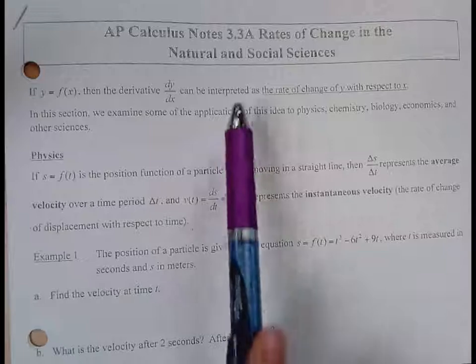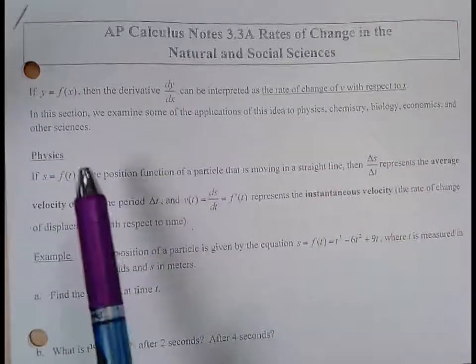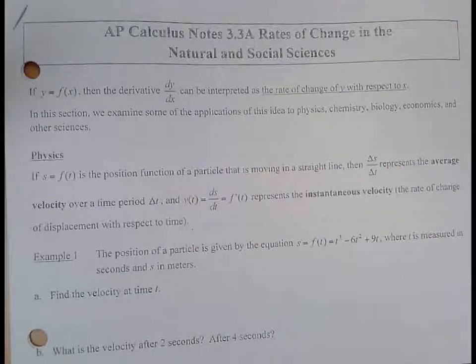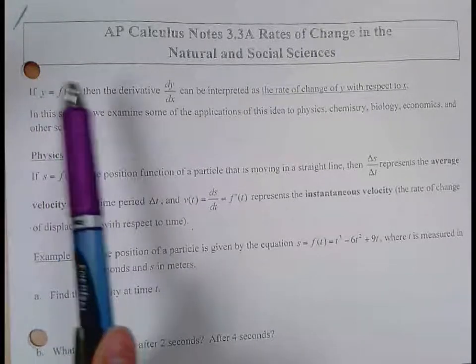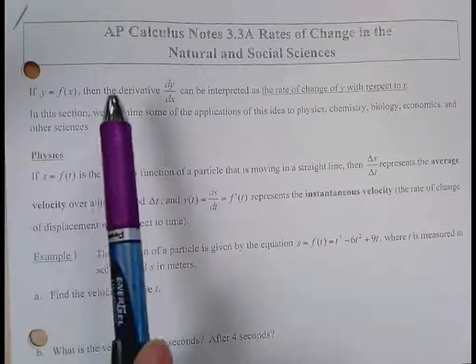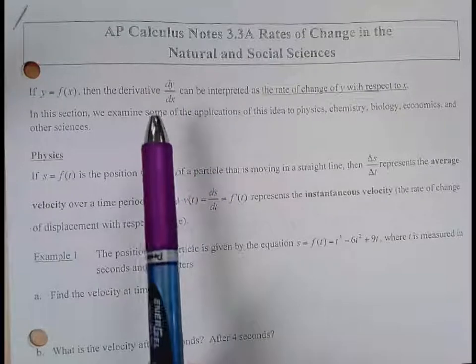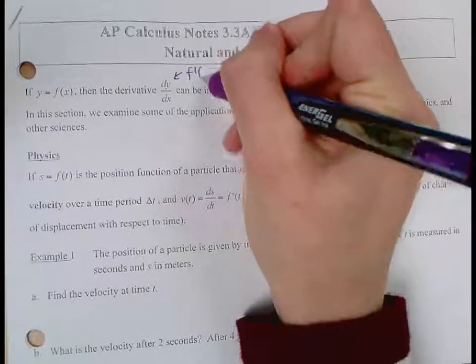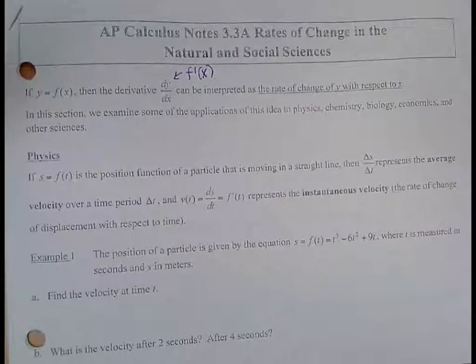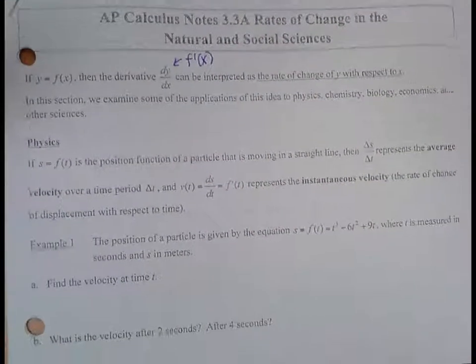So what I have included at the top, because this is not the only application with position, but in general, for any function f of x, the derivative, so dy dx, that's the Leibniz notation. That means f prime of x. It's the first derivative, the derivative of y with respect to x.